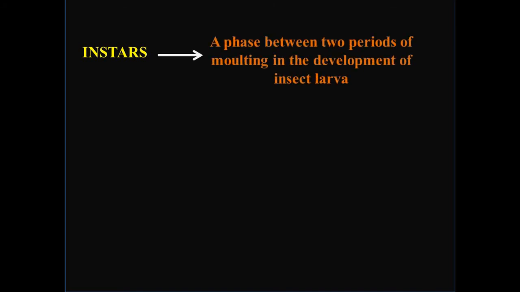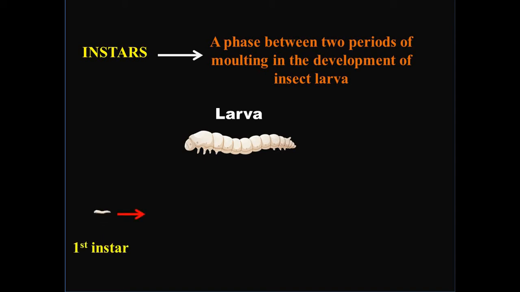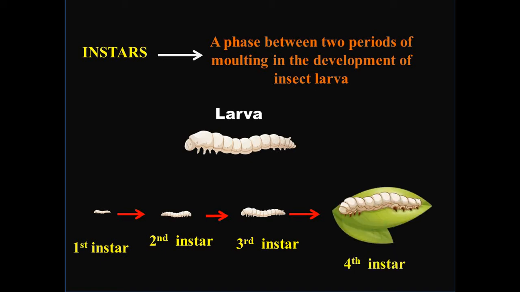So, what is instar? Instar is the phase between two periods of molting in the development of insect larvae. So, in this case, we can say that the silkworm larva grows into first instar, then into second instar, consecutively to the third instar, and so on till they feed themselves enough. So, the second stage is the larval stage.